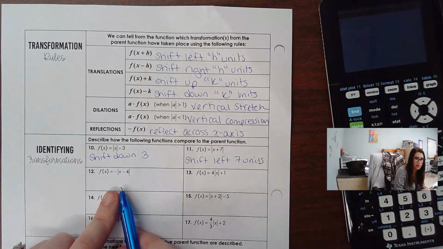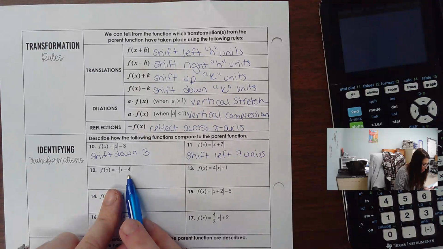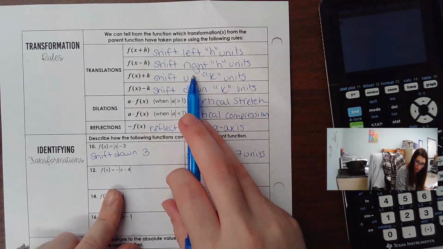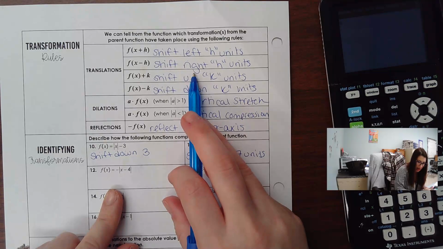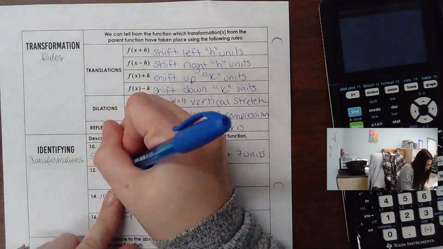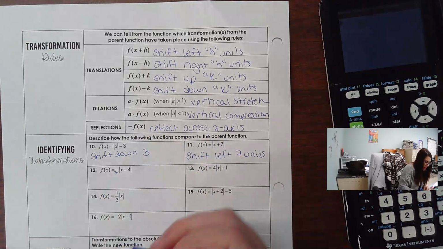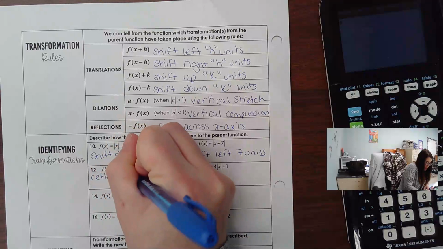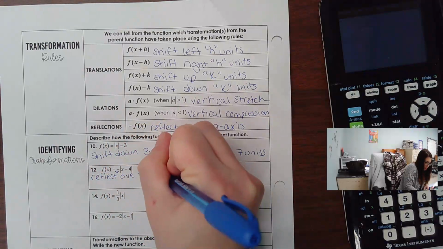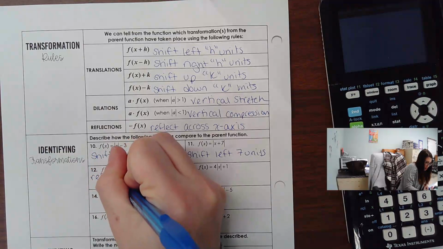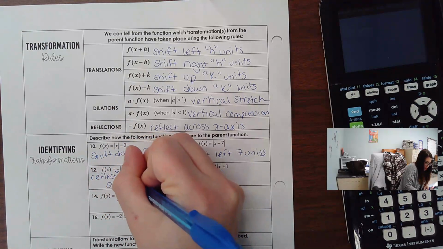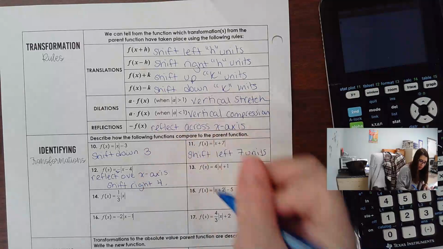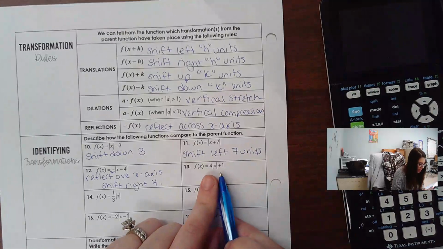So there's two things going on here. First thing I notice is the -4. So we're going to be going right 4. And we've also got this negative, which means we're going to reflect over the x-axis. Over here we have two things going on.